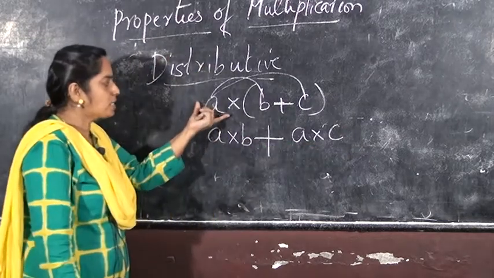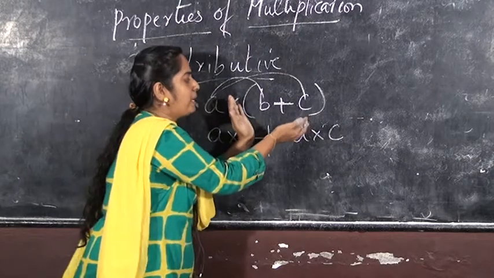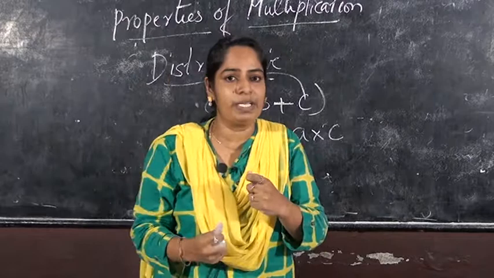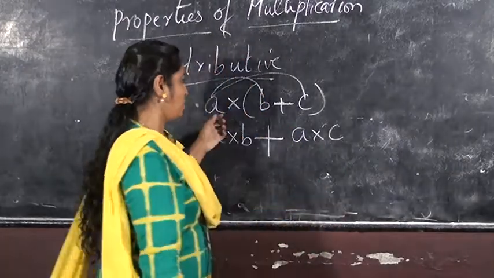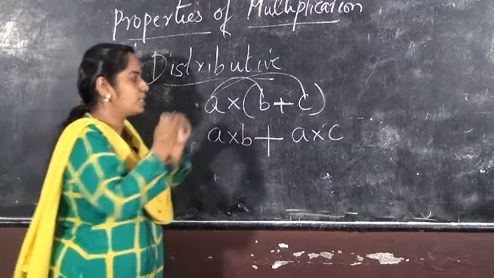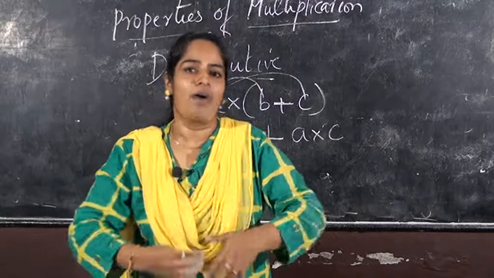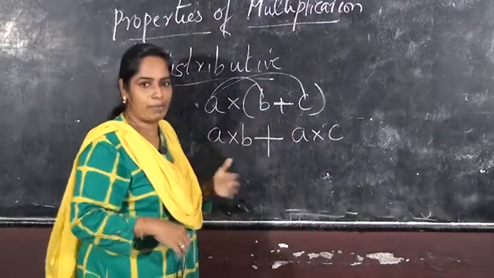Here A is common and inside the bracket there is B and C. So B plus C will fight, isn't it? They want A, they want A. B will tell, I want A. C will tell, I also want A. So here A will be distributed to both. A will go to B. Your papa and mama will be like that, isn't it?